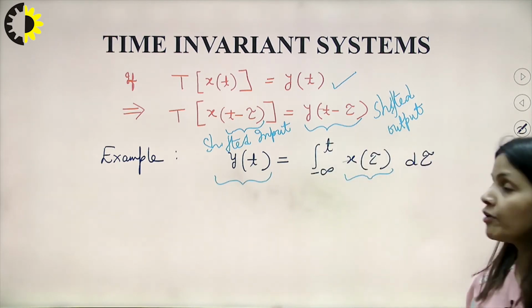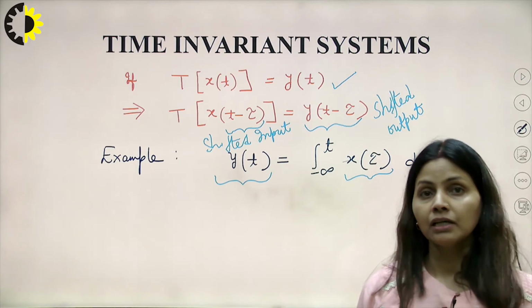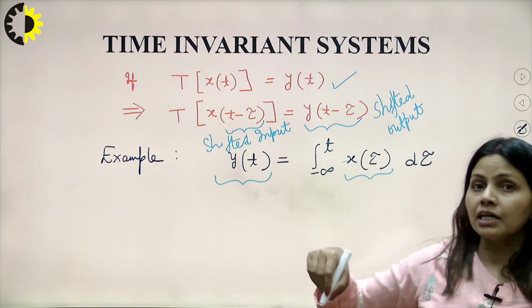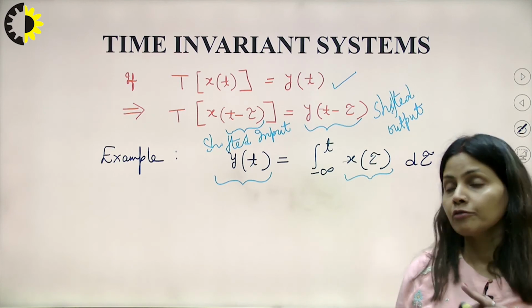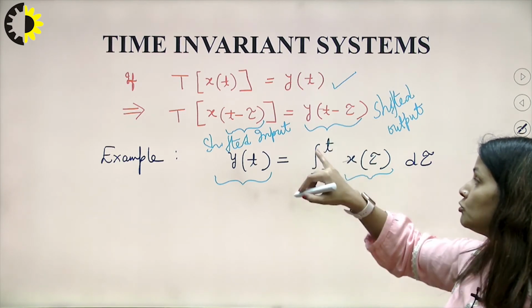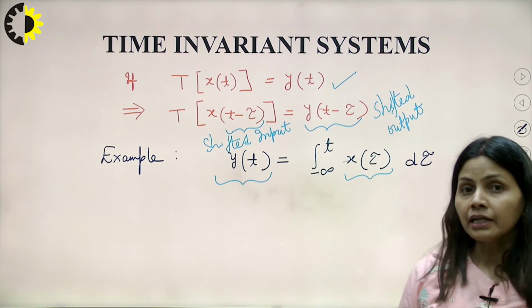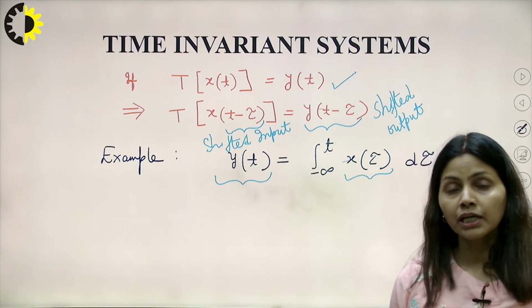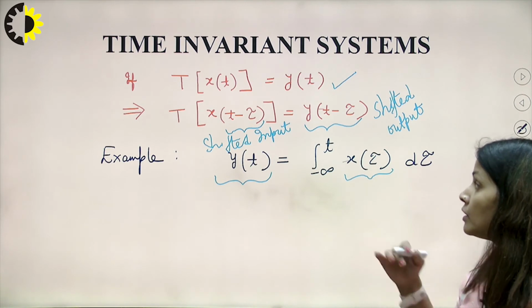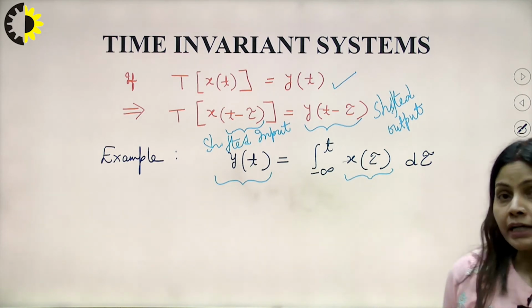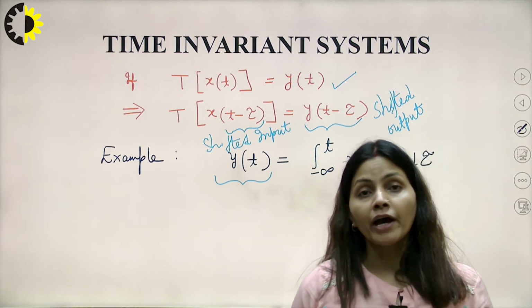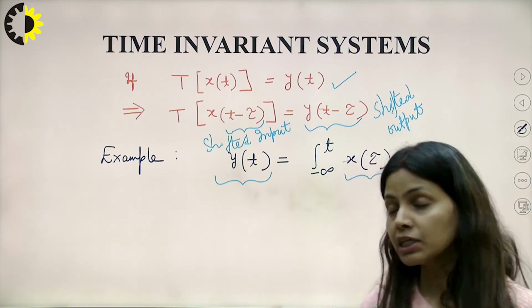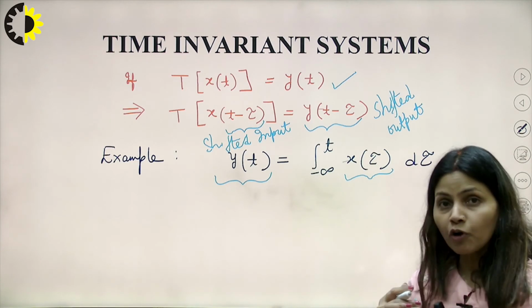That means, whenever I give some x(t), the system takes the integration from the limits minus infinity to t, and yields the output. Now, how will I check the time invariance property for this system?